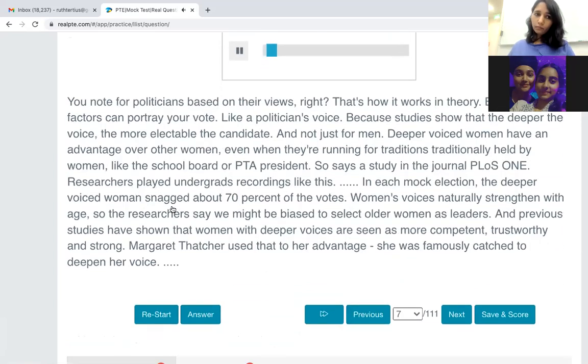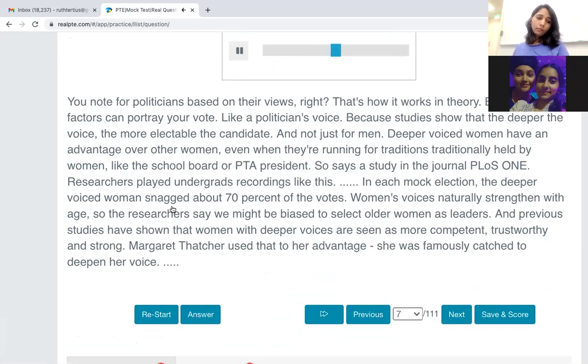You vote for politicians based on their views, right? That's how it works in theory. But other factors can sway your vote, like a politician's voice. Because studies show that the deeper the voice, the more electable the candidate. And not just for men. Deeper voice women have an advantage over other women, even when they're running for positions traditionally held by women, like the school board or PTA president. So says a study in the journal PLOS One. Researchers played undergrads recordings like this. I urge you to vote for me this November. I urge you to vote for me this November.